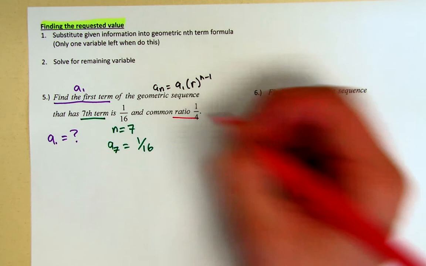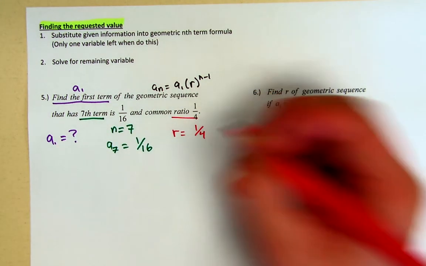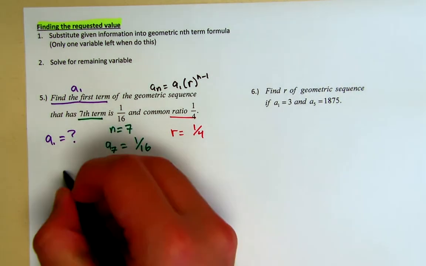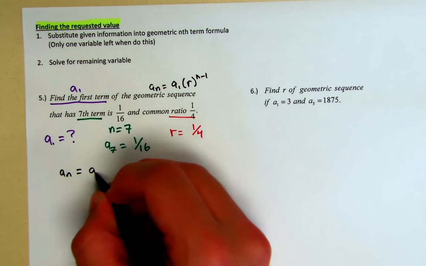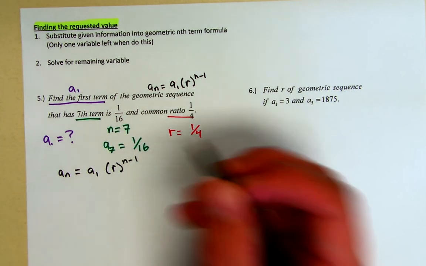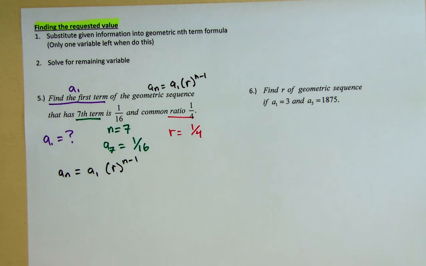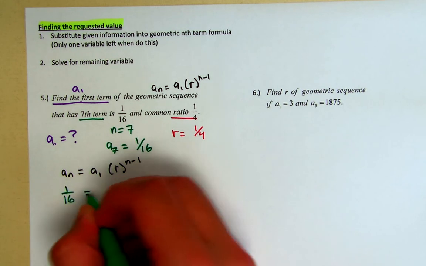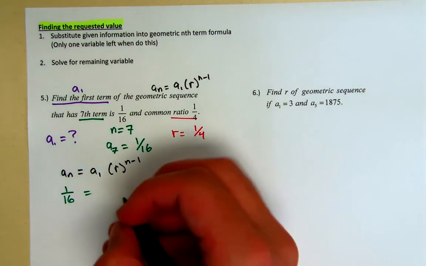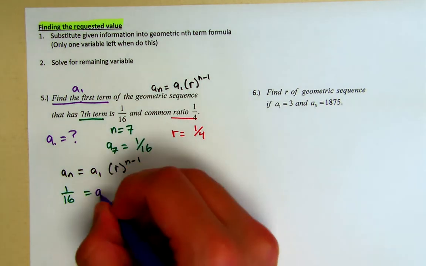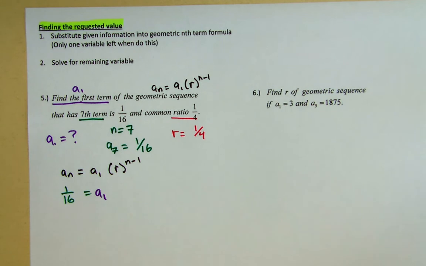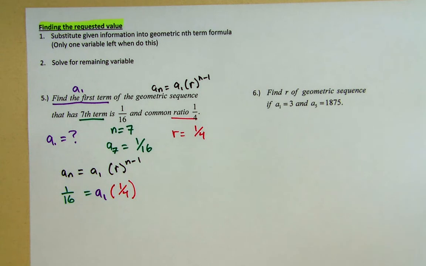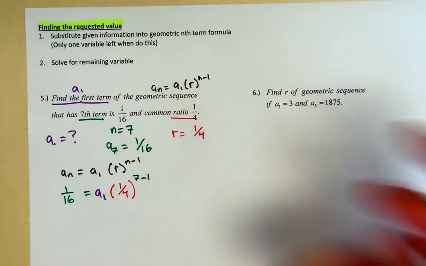And it tells me the common ratio is 1/4, so r equals 1/4. I need to plug this all in to find it, otherwise I won't be able to do anything. So an equals a1 times r to the n minus 1. Now fill in your parts. I know a7, so that's my an, 1/16, equals a1, which I don't know, that's what I'm trying to find. I know r, that's 1/4. And I know n is 7 because that's the term I used.